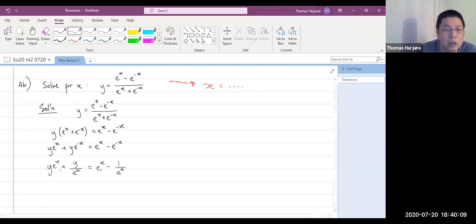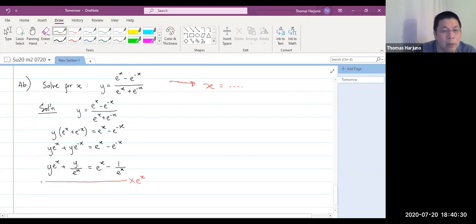Now it is clear that we will need to multiply by the LCD e to the x first. The nice thing about e to the x is it will never be 0. So up to this point, we don't have any x that we need to avoid.